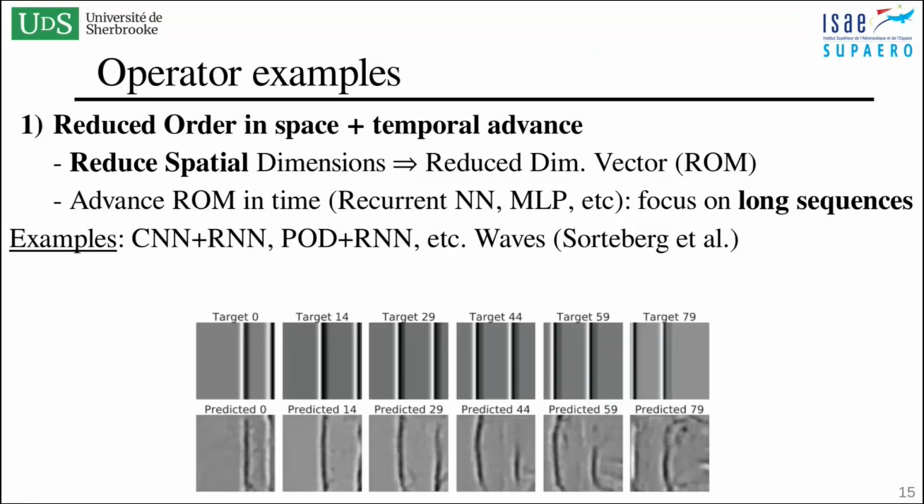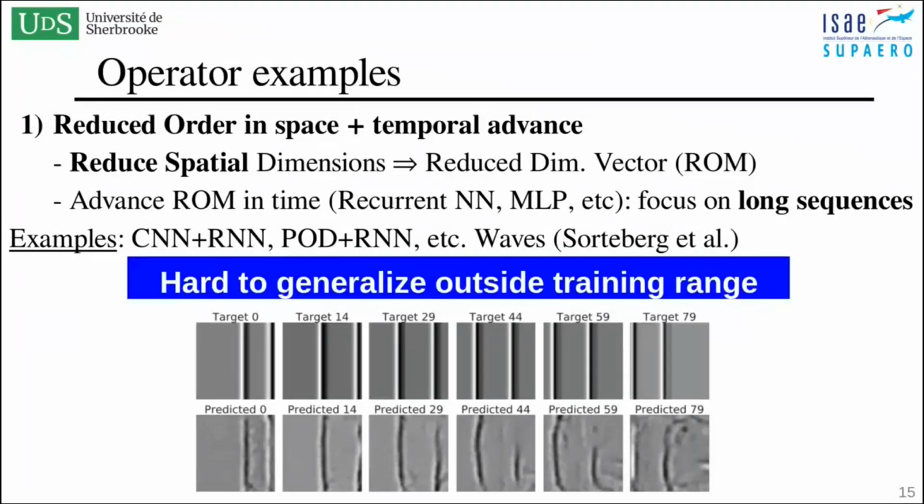The problem they show is that for late times, so here, at prediction, for example, 59, the wavefronts of this solution are not well predicted, since it was trained on only cylindrical waves. Therefore, the neural network is just learning by heart the training database. So we see that this type of approach is hard to generalize outside the training range it was trained on.